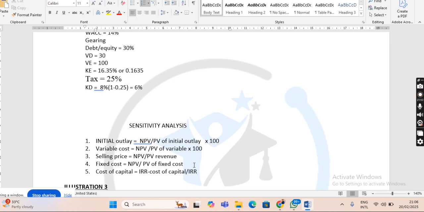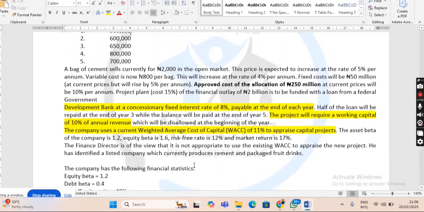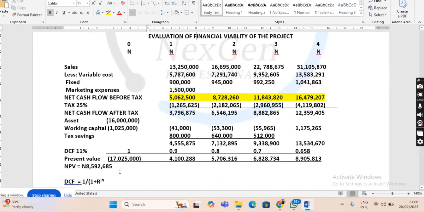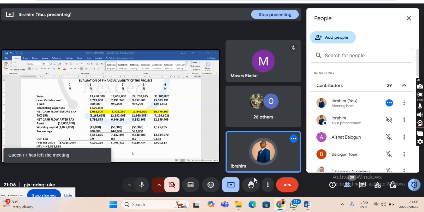Class, we already know how to determine internal rate of return, positive and negative. Let me quickly illustrate that again. When you have positive, just change this percentage. I want to ask you a question: the higher the percentage, what will be the implication when you do positive NPV and negative NPV?